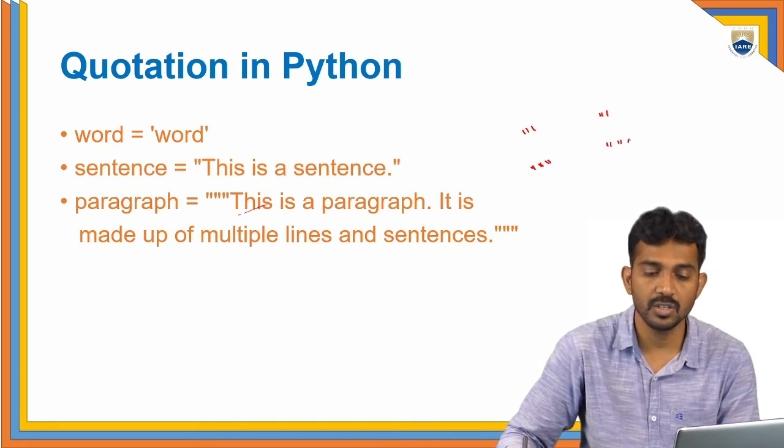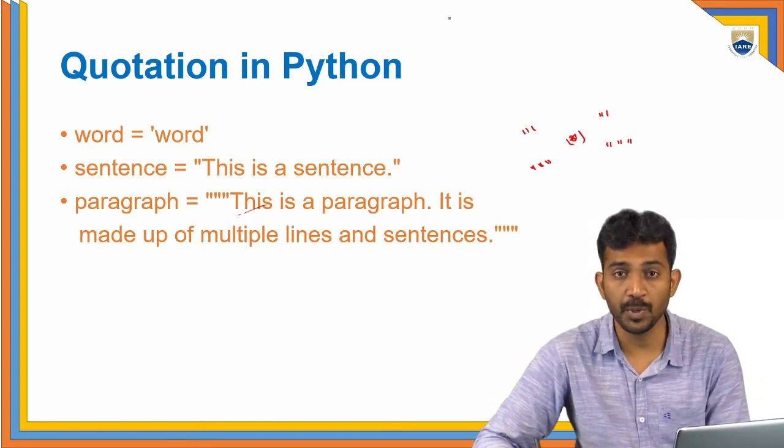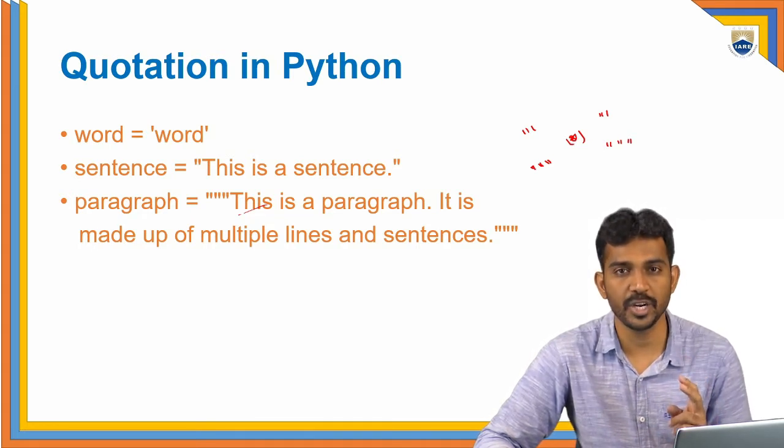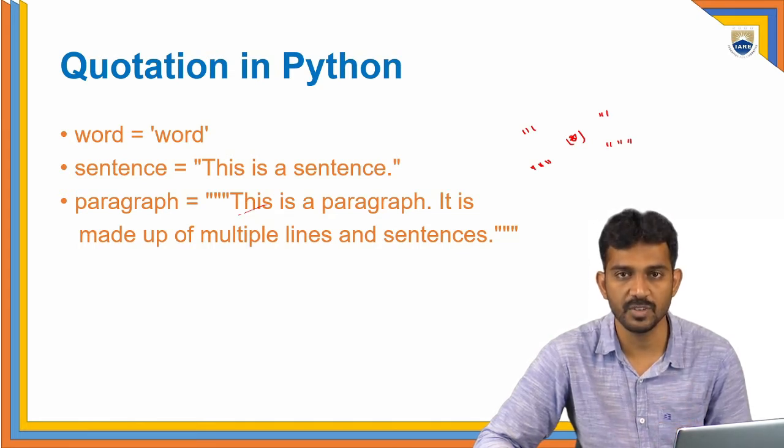These two are also interchangeable. I hope you are clear. Up to now we know only two types of quotations: single quote and double quote. But Python supports triple quotation also. That is the difference between C and Python.